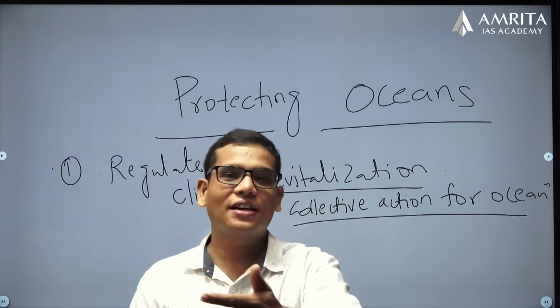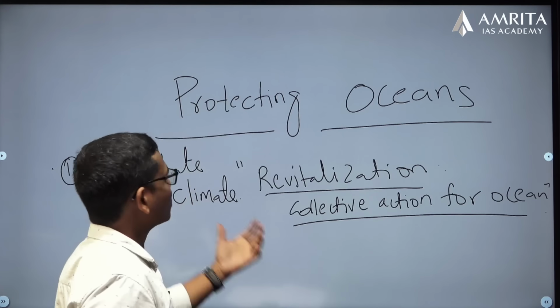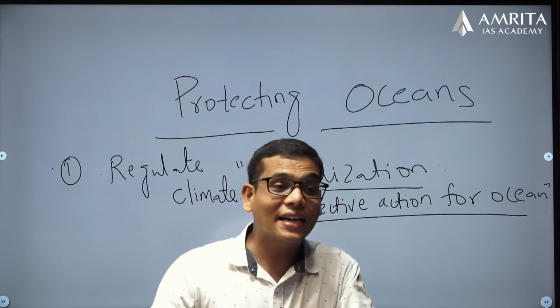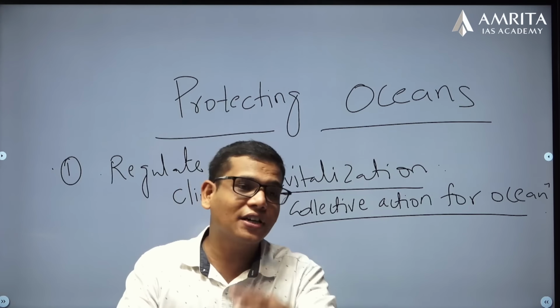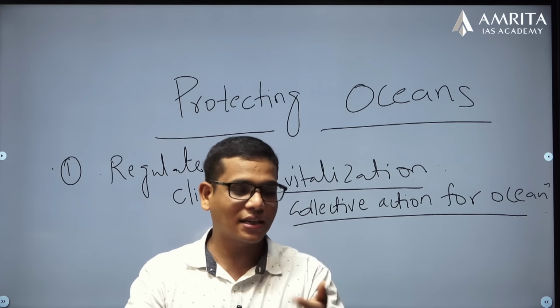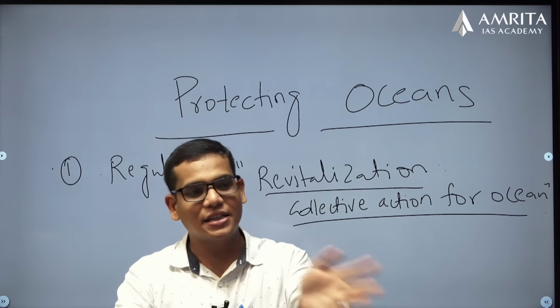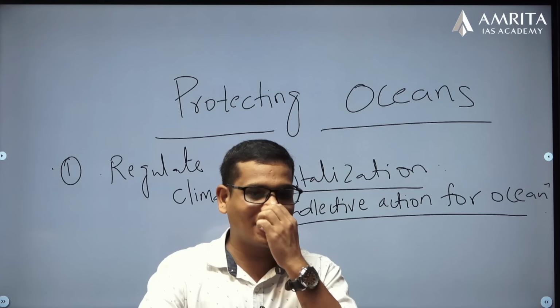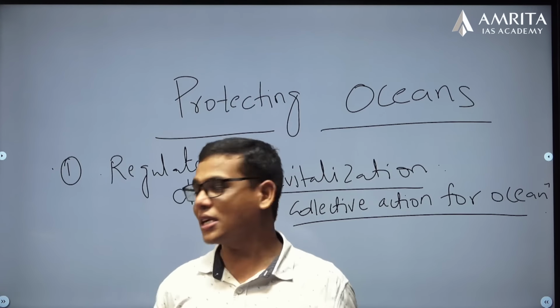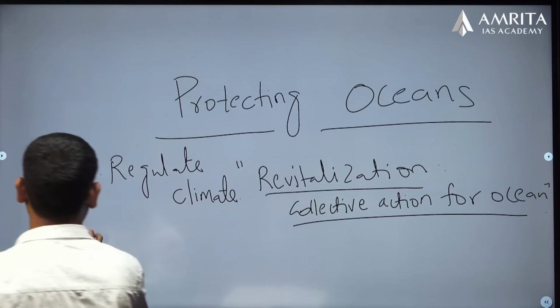These all depend on the oceans. So oceans regulate the climatic conditions across the globe in different regions, whether southern hemisphere, northern hemisphere, eastern part, western part, polar regions, everywhere.